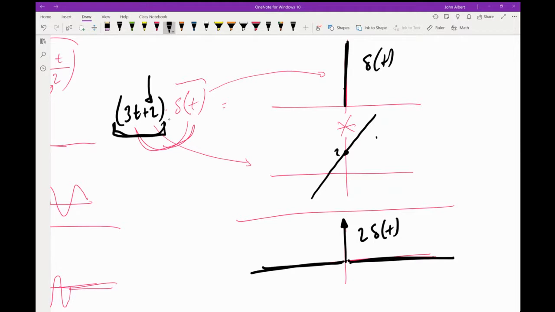Exactly. This has values that change for different values of t, but all I care about is the value of that function at t equal to 0. All other values are not important. I'll end up with a function that is equal to the unit impulse function multiplied by the value of that function evaluated at t equal to 0.